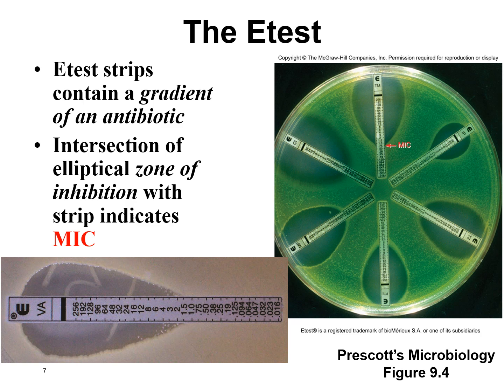So if we take a look at this picture on the bottom, where that zone of inhibition crosses the strip, you can see that our MIC for vancomycin would be at 1.5 micrograms per mil. So that means in our patient, we want the vancomycin levels to be higher than 1.5 micrograms per mil at the site of the infection to kill off the bacteria.